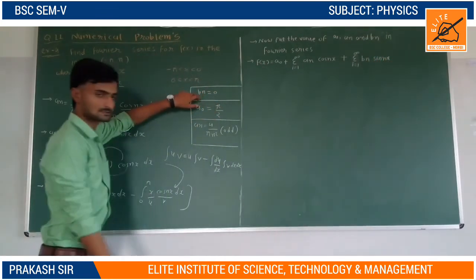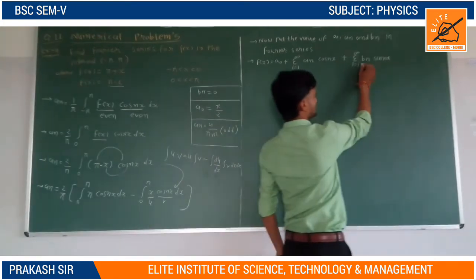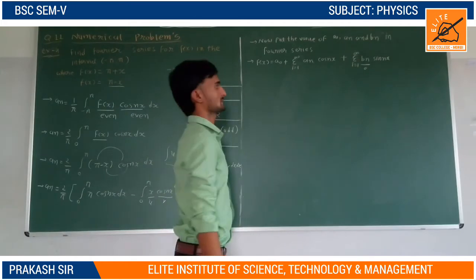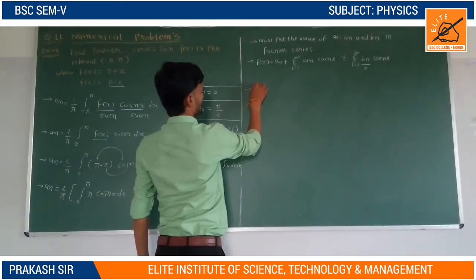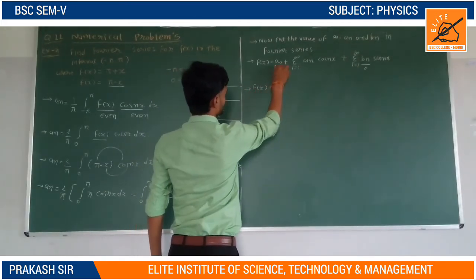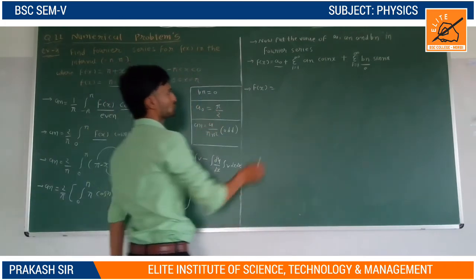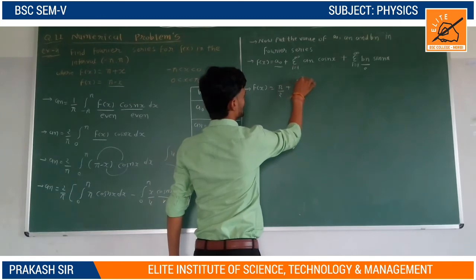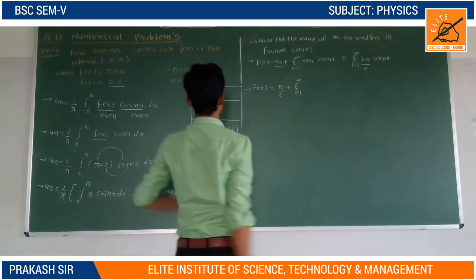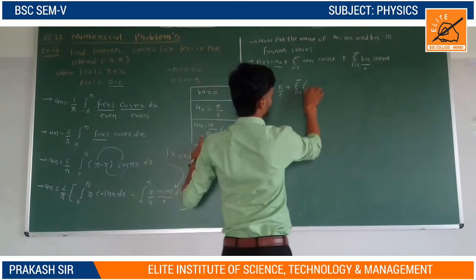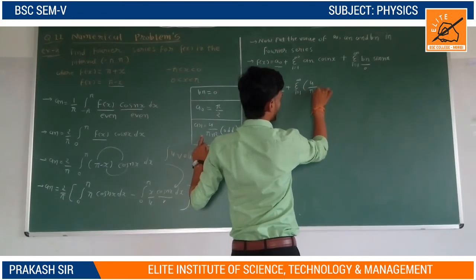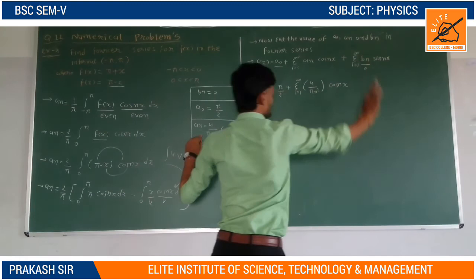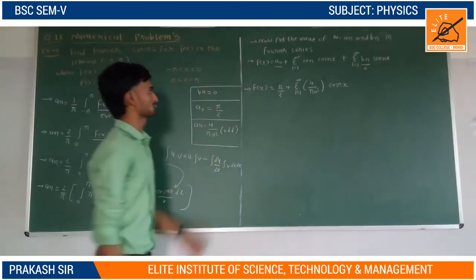Here bn is 0, so 0 into sin nx, so the last term is 0. So f of x, a0 is pi by 2 plus summation of 1 to infinity an, which is 4 upon pi n square, into cos nx. The last term is 0.